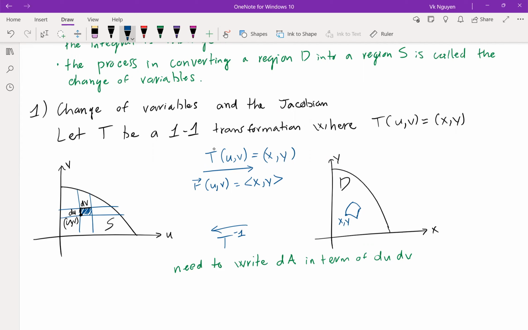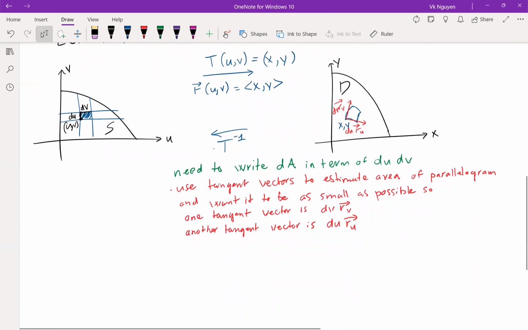And we use the tangent vectors to estimate the area of the parallelogram. Here comes one tangent vector, and the other one is another tangent vector.